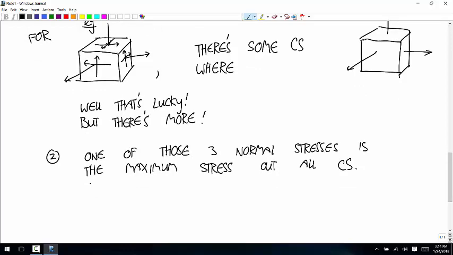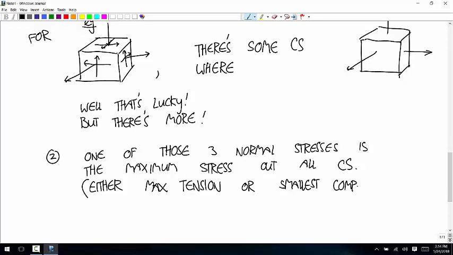By maximum, I mean, we don't know whether it's positive or negative, but it's either the maximum tension, in other words, the biggest positive value, or the smallest compression if there's no tension.